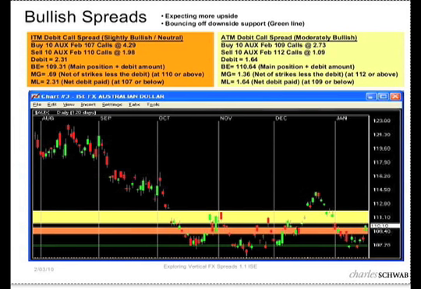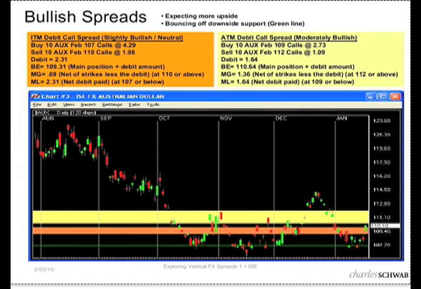Well, you can see that where the index is right now on its most recent candle, it's not in that zone at all. It's going to have to move 54 cents higher just to hit the bottom of that beige zone, and then it can move from 110.64 all the way up to 112. That's the beige zone. That's where I go from having a break even to hitting my max profit zone, and then anything above 112 is max profit on up.